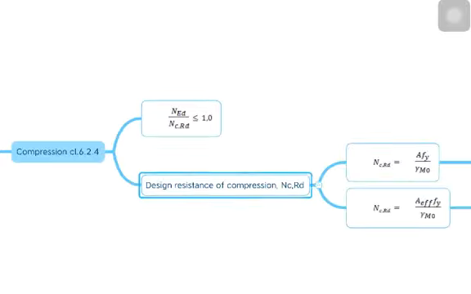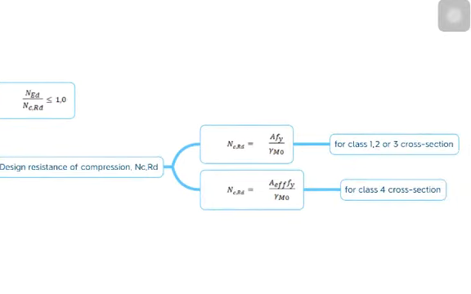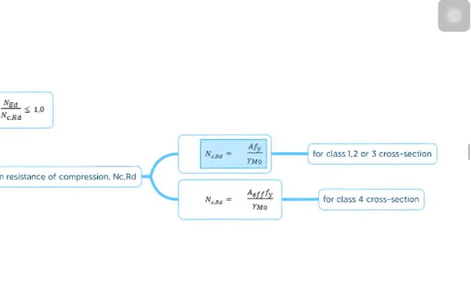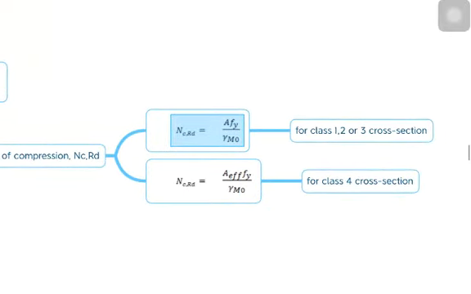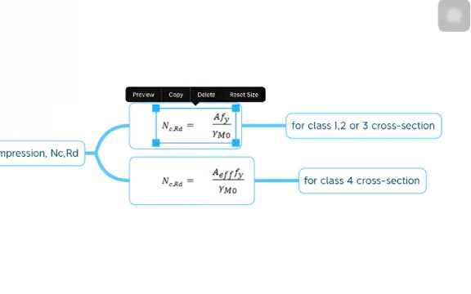NCRD must be greater than AFY divided by gamma M0, where gamma M0 is equal to 1. This is for class 1, 2 and 3, which is normally the case, right?